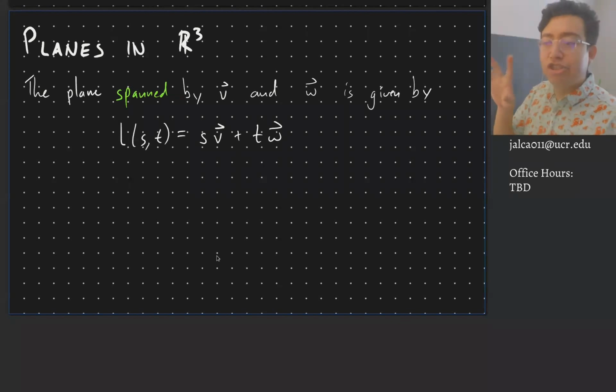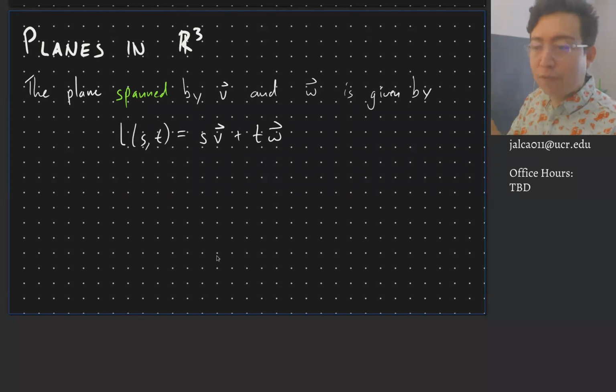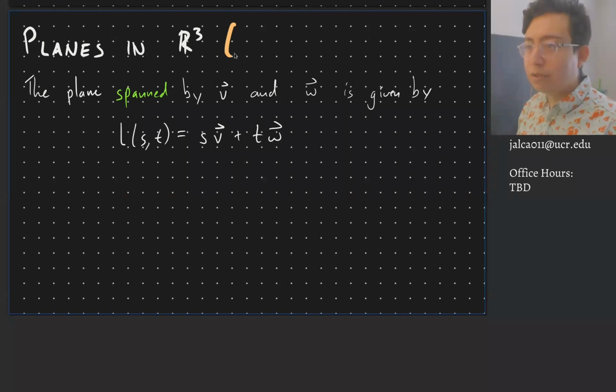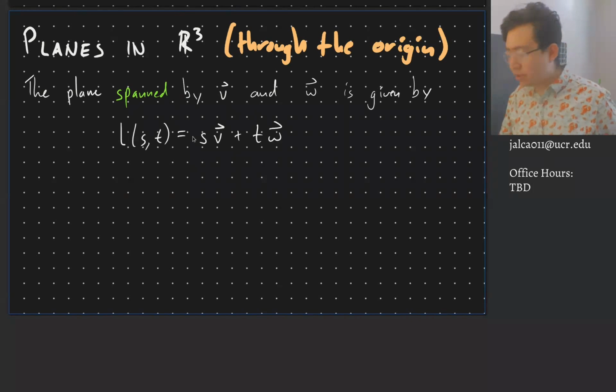Now, I will say that this equation that I have in front of you right now is just for planes through the origin. All of the planes that you cook up through this process are always going to be through the origin.